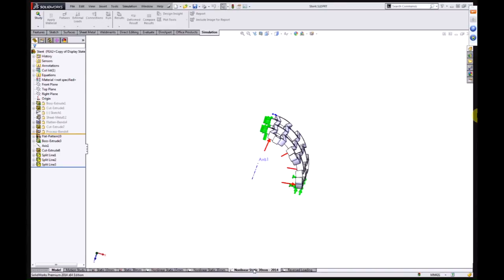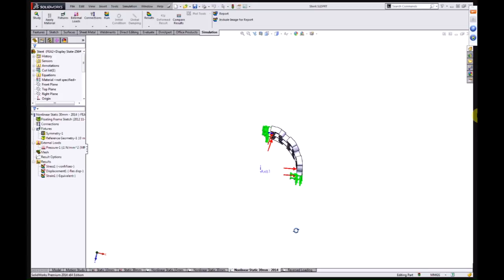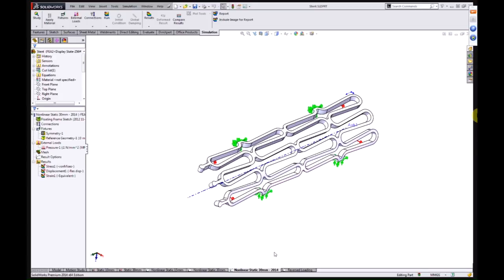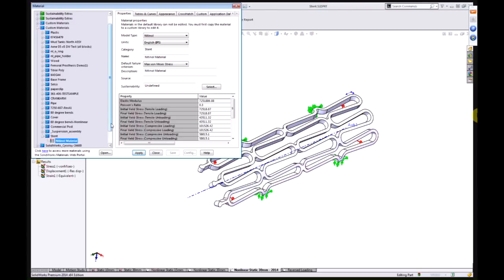So in terms of the material definition here, I've utilized a nitinol material model that's part of SOLIDWORKS Simulation Premium. And if you look at a stress-strain curve for material called nitinol, it looks absolutely nothing like you'd expect for a classic stress-strain curve for a plastic or for a steel or aluminum or that sort of thing.